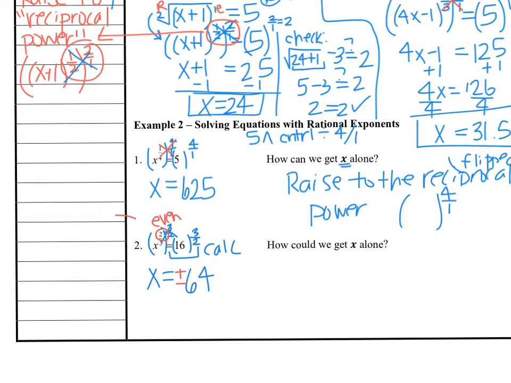So I'm going to make a little note over here and say that you must have plus or minus when the original exponent had an even numerator.